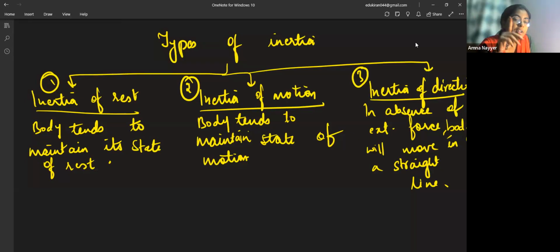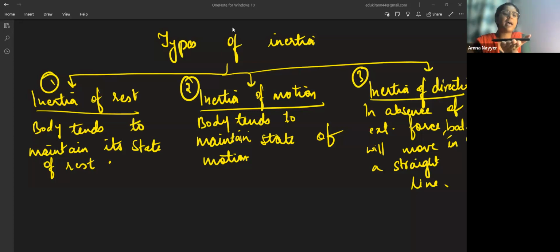Now, inertia of rest means what? If the body is at rest, the body will continue to remain in the state of rest. See, now I have not applied any force, so the body is still in the state of rest. Suppose I have applied a force here. Now the body has started moving, right? But when no force was applied, it wasn't moving.